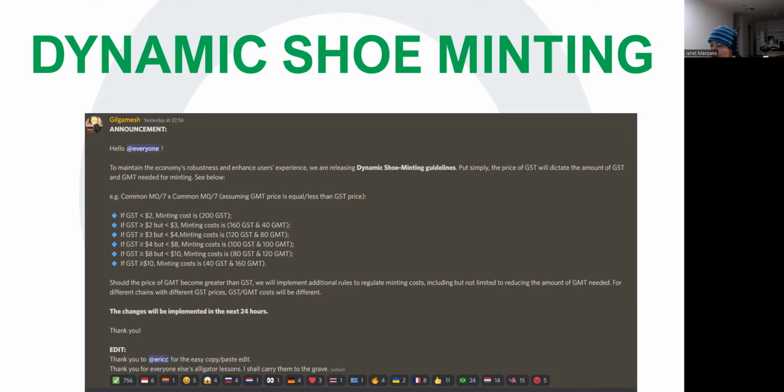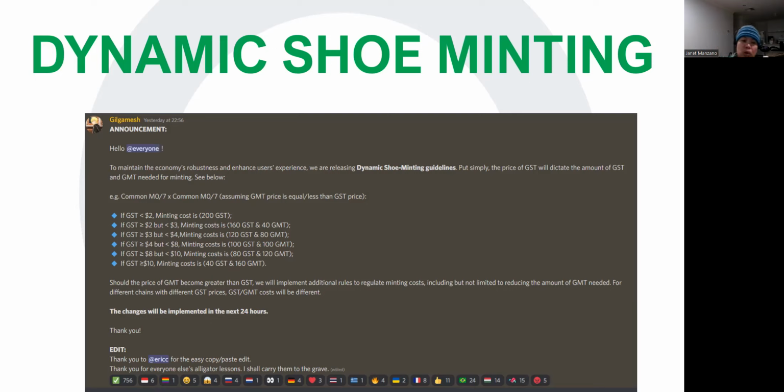For different chains with different GST prices, GST and GMT cost will be different. So they're referring to the Binance as well, because GST price there is not the same as on the Sol network.